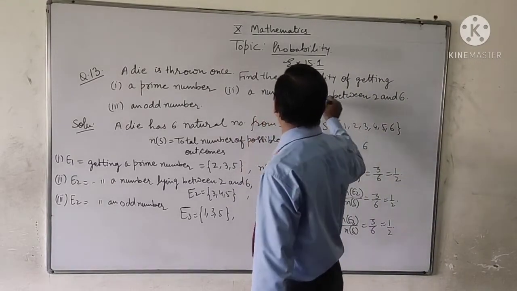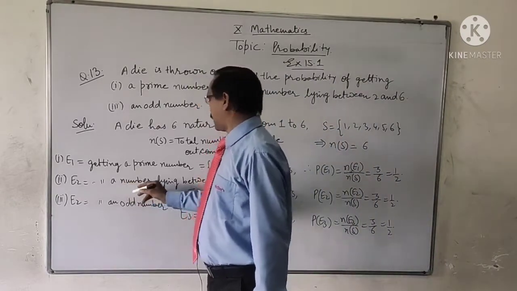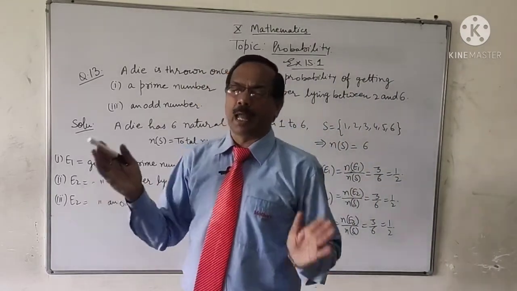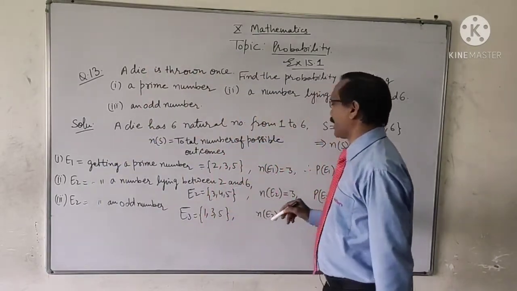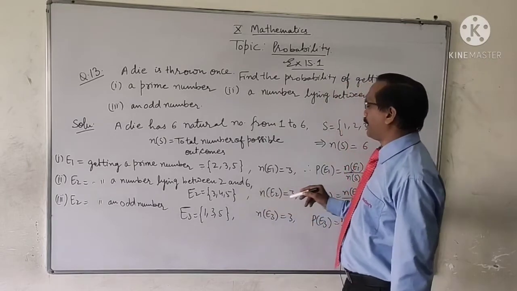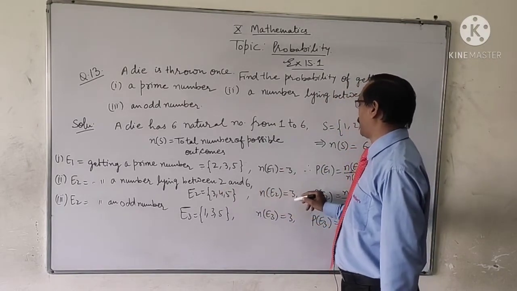Now let us come to the second part. Here, a number lying between 2 and 6. The numbers lying between 2 and 6 are 3, 4, 5, and these are the favorable outcomes, so n(E2) equals 3.